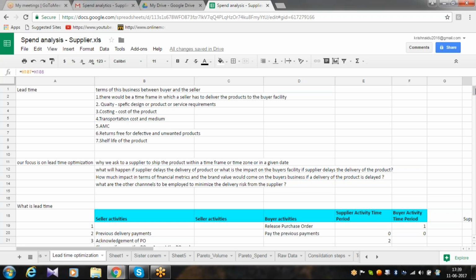It's probably order consolidation and contract management, then a bit of inventory management. Then we'll work on the transportation cost and PCO. That will sum up our spend analytics training.